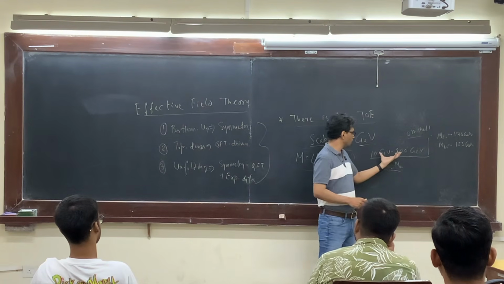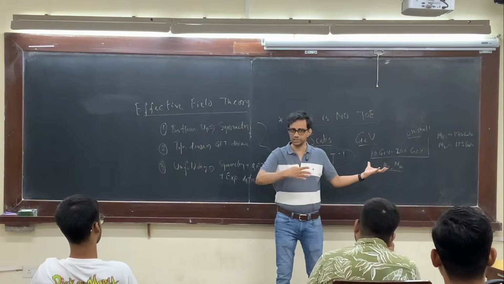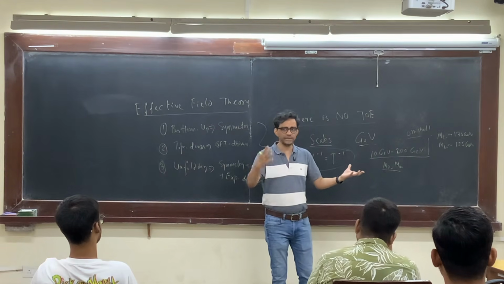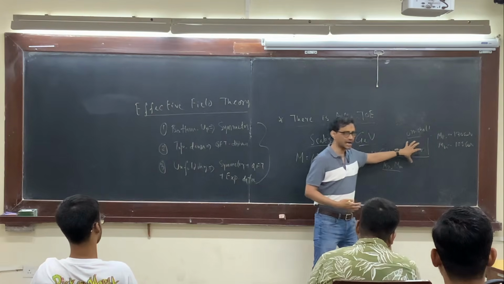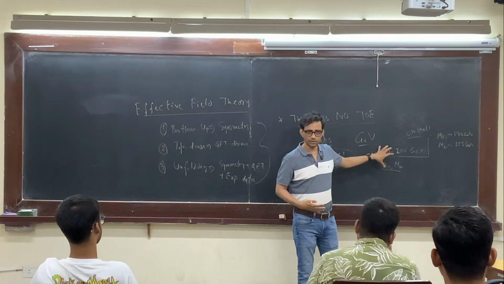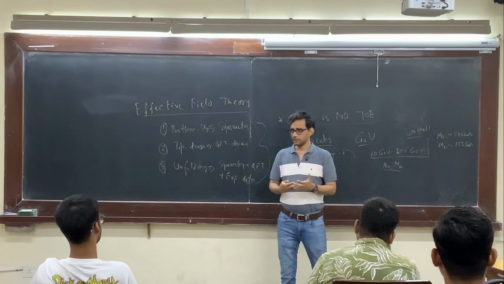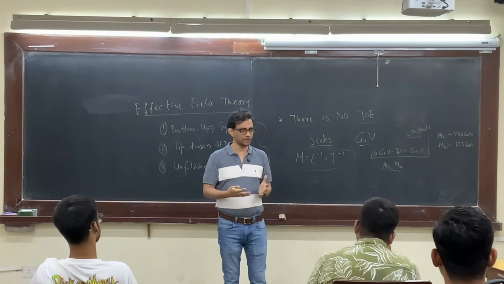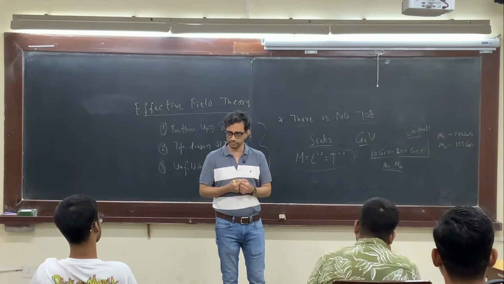You can see what are the existing degrees of freedom I have between 10 to 100 GeV. That set of degrees of freedom is increased because now these particles can appear on shell. So you can see the theory has changed. The theory now has additional degrees of freedom, and additional degrees of freedom mean additional interactions and so on.